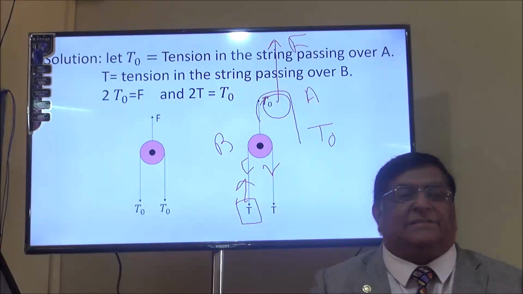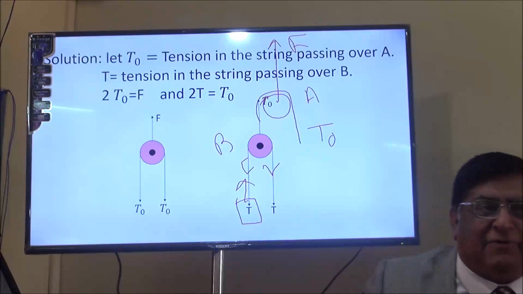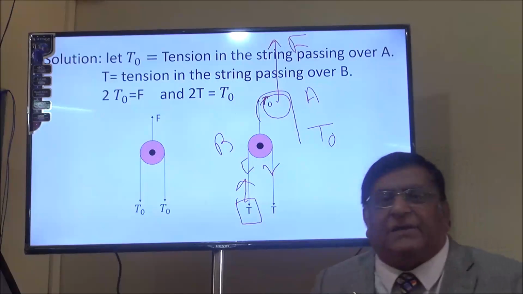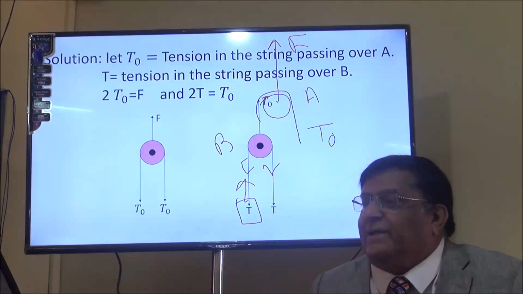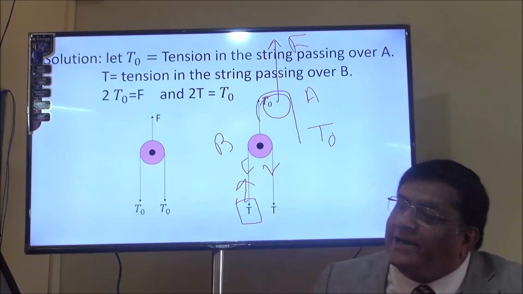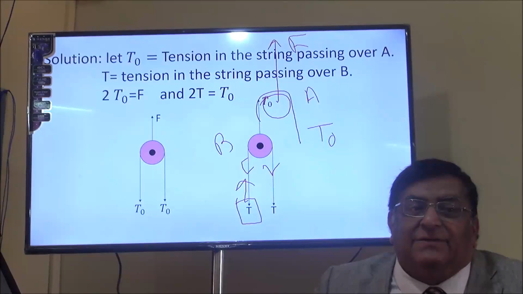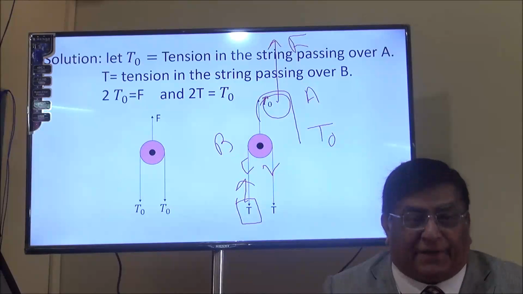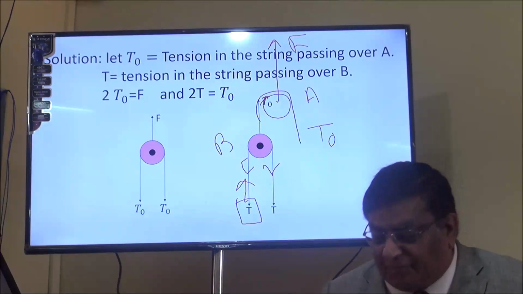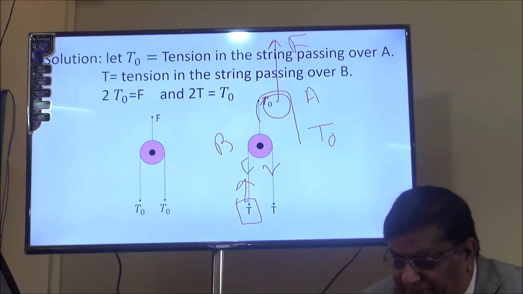So the whole system will remain like that and will not move. This gives us a lesson that the tension has to be higher than the weight of a mass. Then it will be able to lift that particular mass, and we will use this situation in other questions.